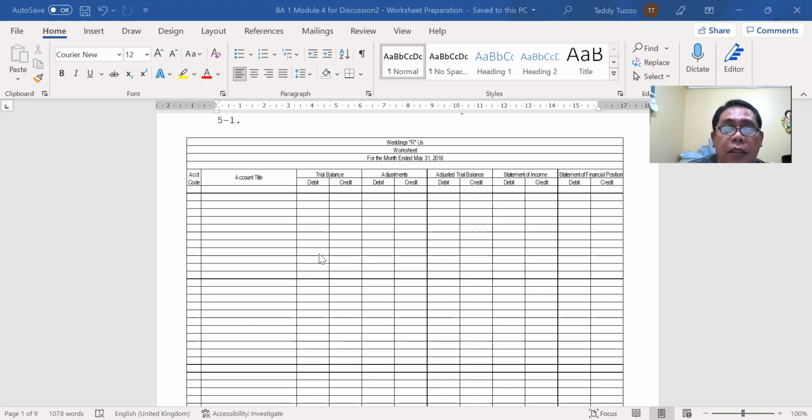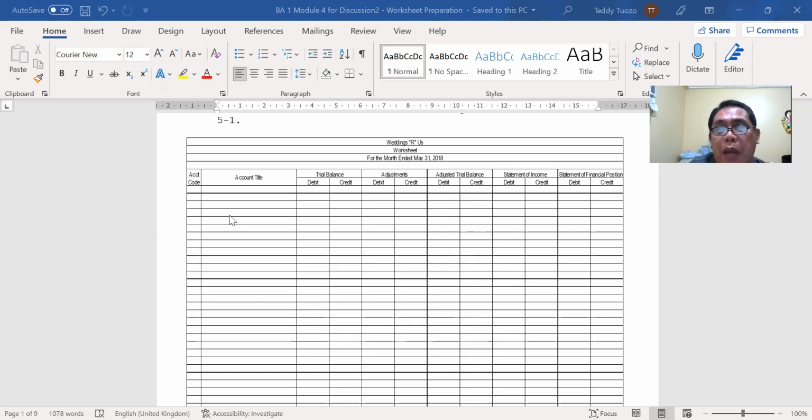Then the account title. Actually, this is extracted from the trial balance that you have prepared after the posting to the general ledger. So you simply copy it, the same way it is written in the trial balance, according to what is given in the problem.